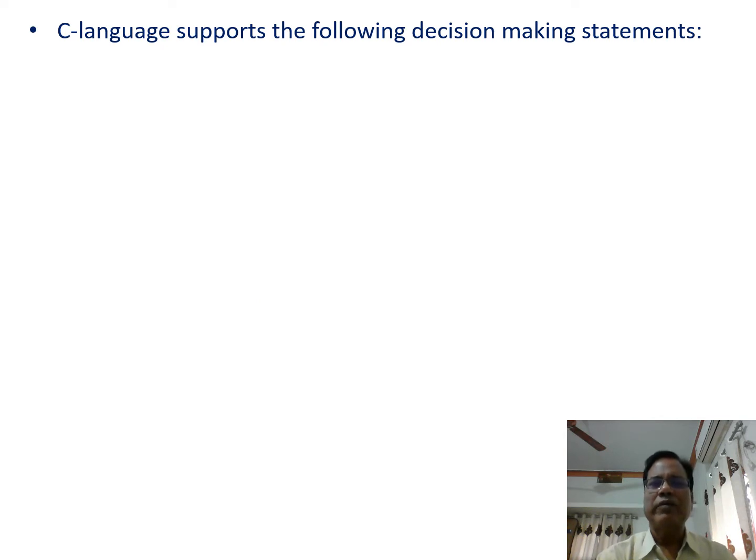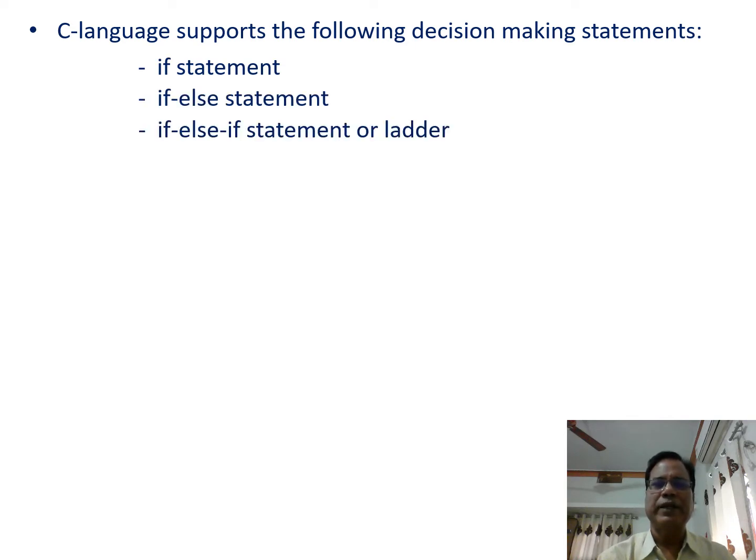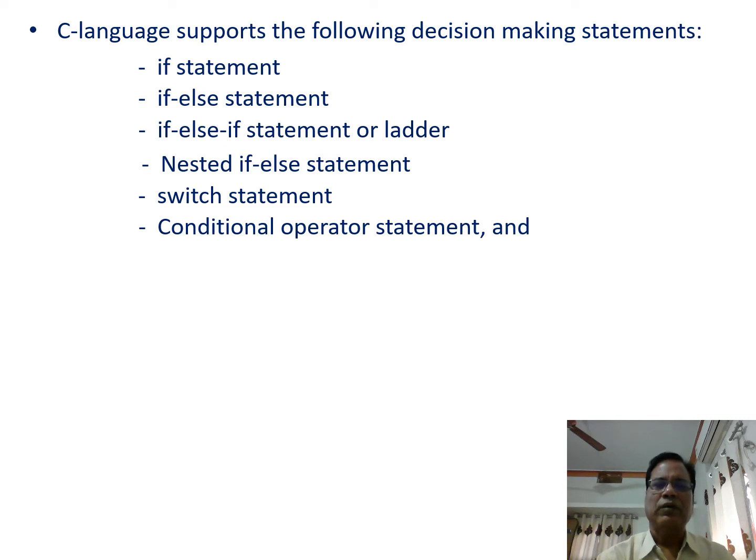C language supports the following decision making statements: if statement, if else statement, if else if statement, also called the ladder, nested if else statement, switch statement, conditional operator statement, and goto statement. So these are the list of control statements to make a decision, and based on that, code is executed.